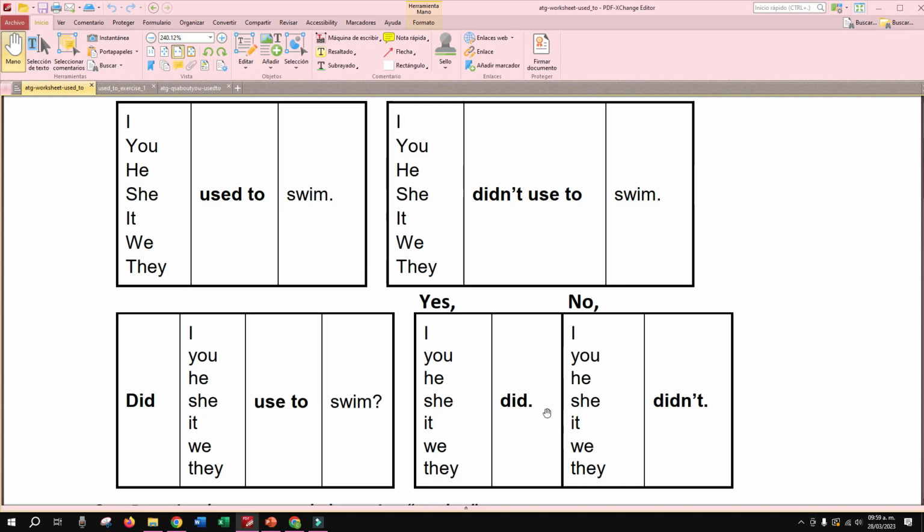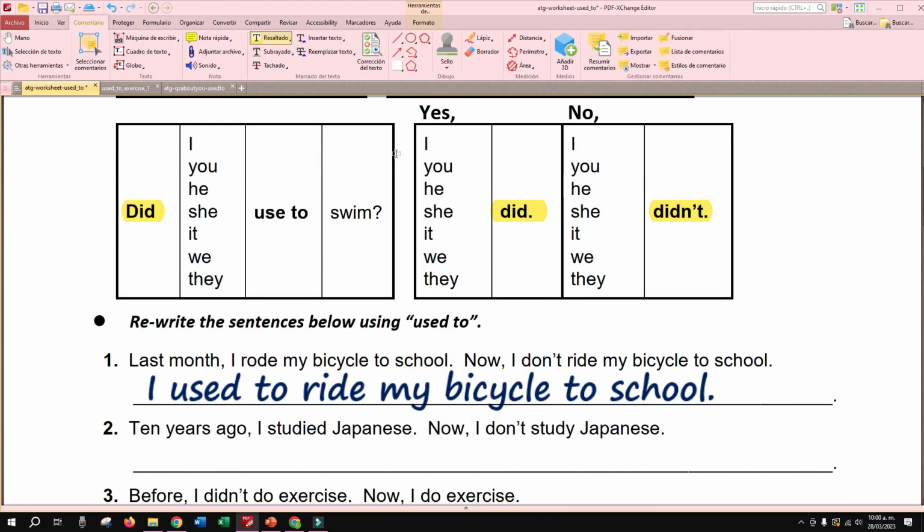So, remember that here we need to use the auxiliary did for the answer if it is affirmative or didn't if it is negative. So we have here the question, did she use to swim? Or did we use to swim? Right? So we're going to use that auxiliary for this.